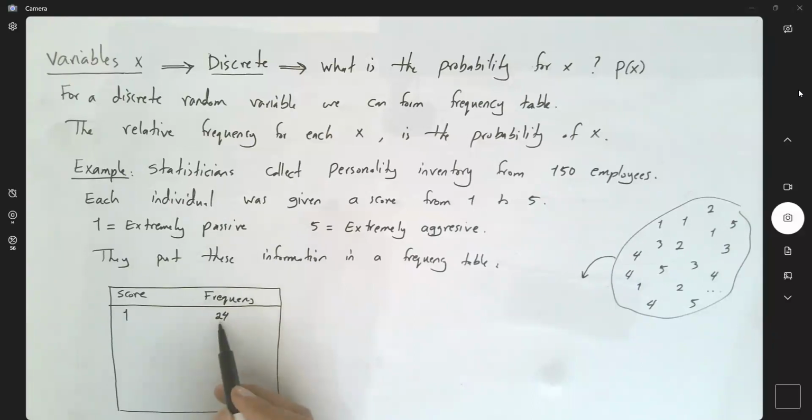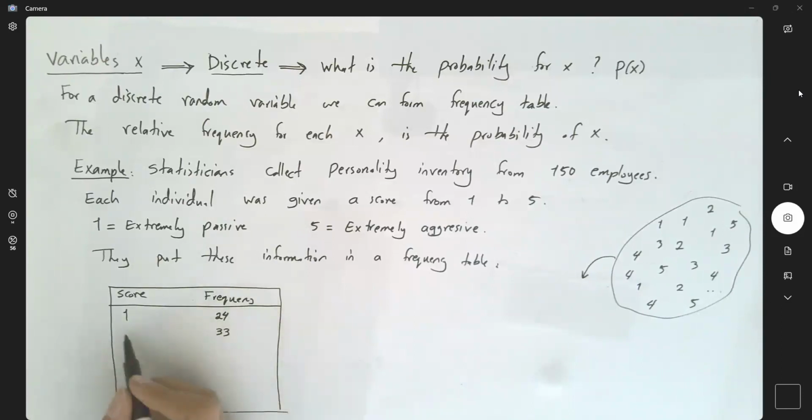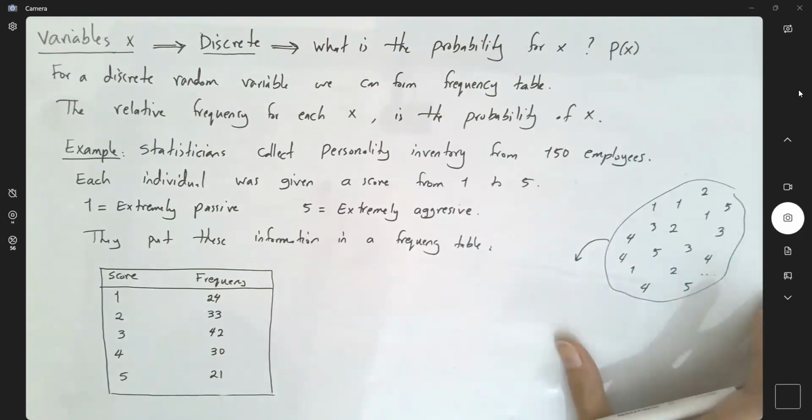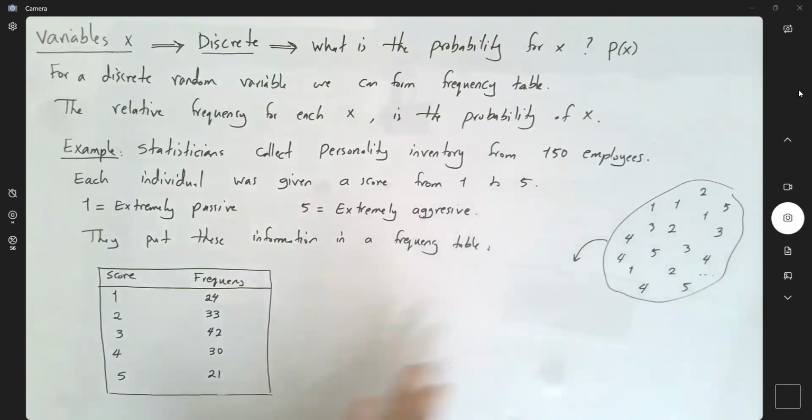So 24 employees scored 1, 33 employees scored 2, 42 employees scored 3, 30 employees scored 4, and 21 scored 5. So this is the frequency again. They collected the information and put it in a compact format that we can easily read.